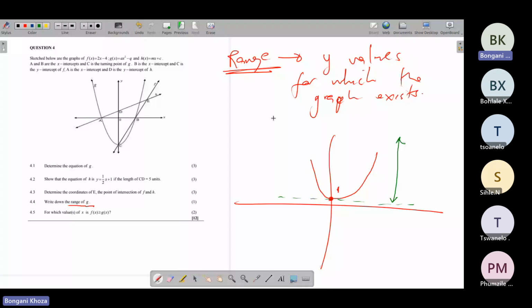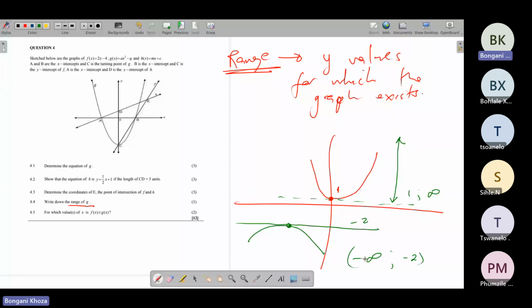So it's from 1 up to positive infinity. So this becomes the range of this graph. If it was somewhere here, wherever that turning point is, if it's -2 over here, that means it was going to be from negative infinity, from down there, up to -2, like that. So this would be the range of this graph.